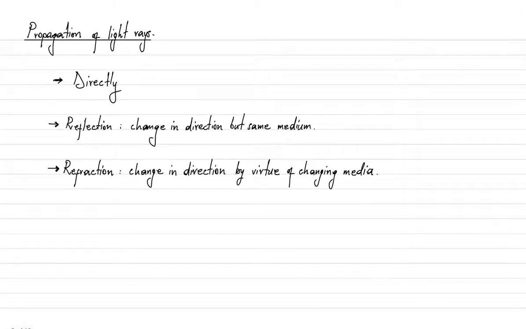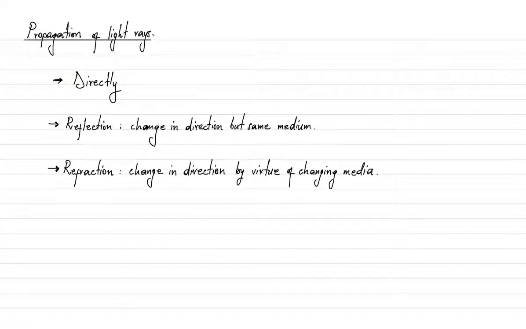So remember, in our earlier discussion, we said that there are three ways that light could go from the source to its destination. The first one was that it could go directly from the source to the destination, and we concluded that this was not the most interesting case.